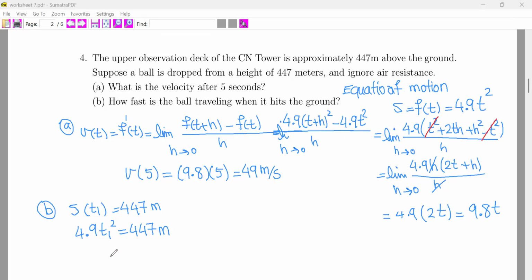Putting them equal and dividing by 4.9, we would get t sub 1 squared equals 447 over 4.9, so t sub 1 is the square root of 447 over 4.9, which is approximately 9.5.